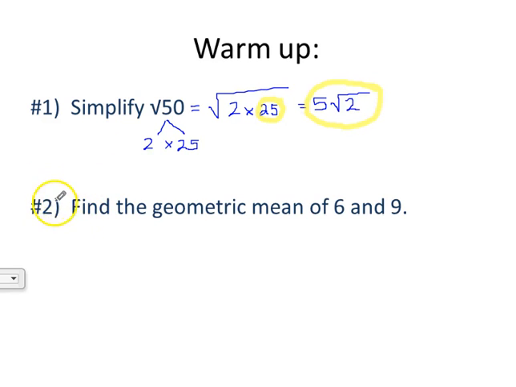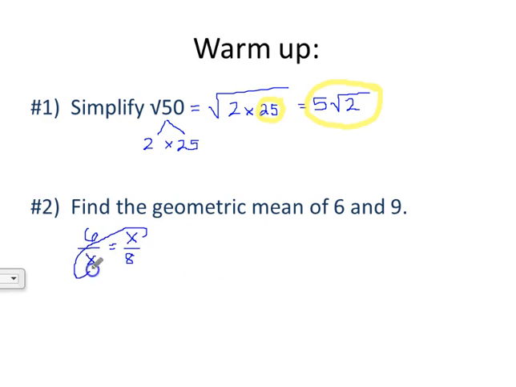So the second question, find the geometric mean of 6 and 9. Well, I always like to write it as a proportion. That can be our first step here where we write 6 over x equals x over 9. Some of you might skip this step, and that's okay because we know when we have a proportion and we go to solve it, we're going to cross multiply.